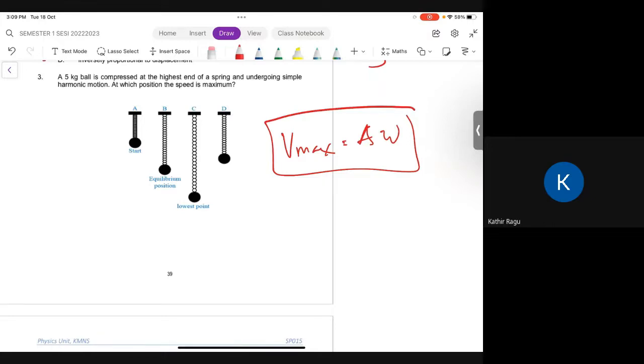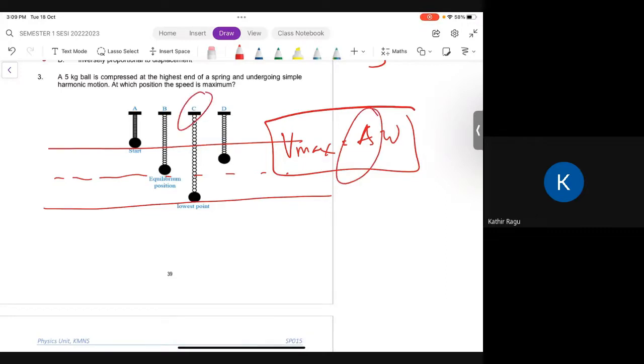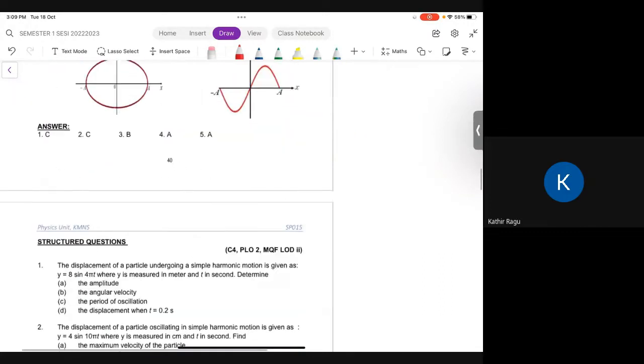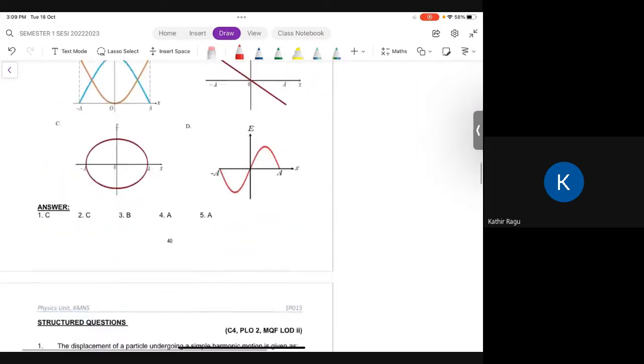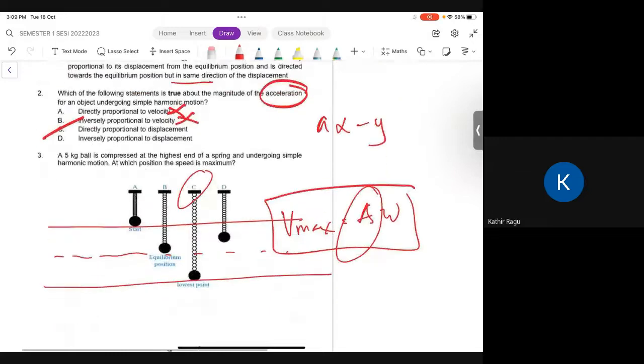Ini start, ini equilibrium, ini lowest. Lowest kan madam? Ya sebab dia mesti dekat amplitude. So jawapan dia adalah C. Sebab start ni kita tak tahu dia ada maksimum ke ataupun ni. Jawapan apa? Nombor 3, jawapan dia B.